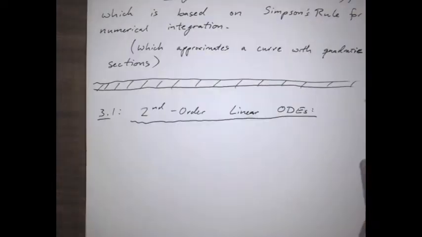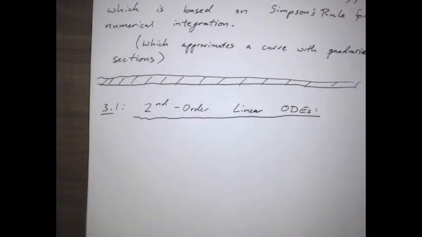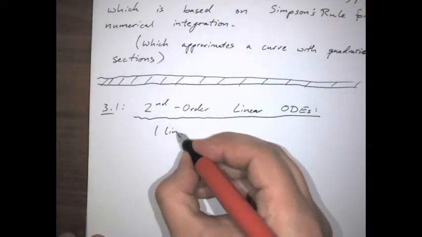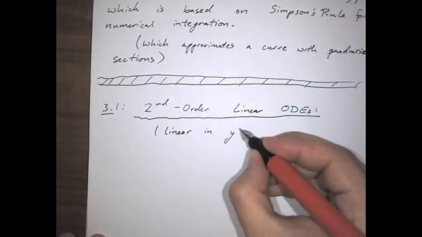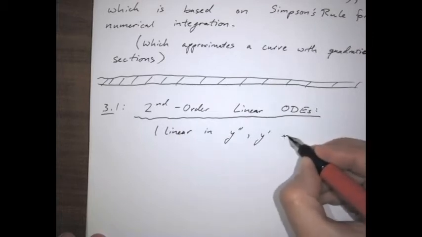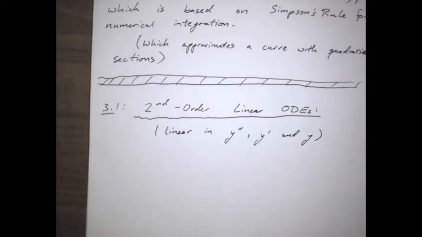And in particular, what's linear about them here is they are linear in y, y prime, and y double prime. So the linear here means it's linear in y double prime, y prime, and y. That's what is linear about these.